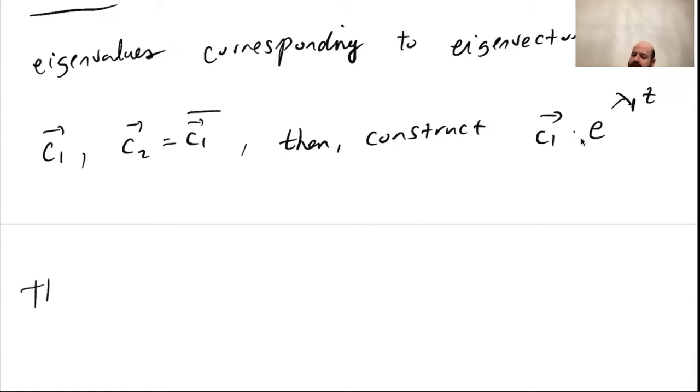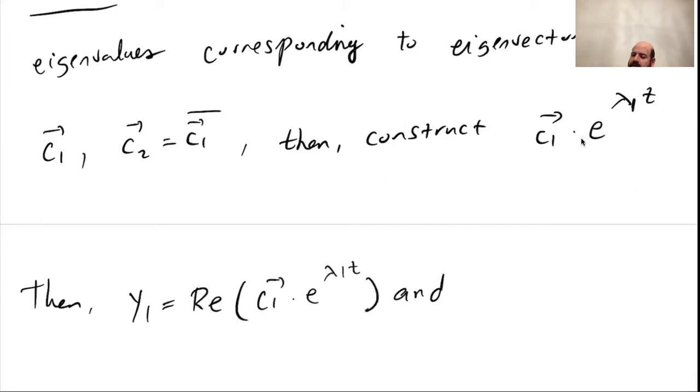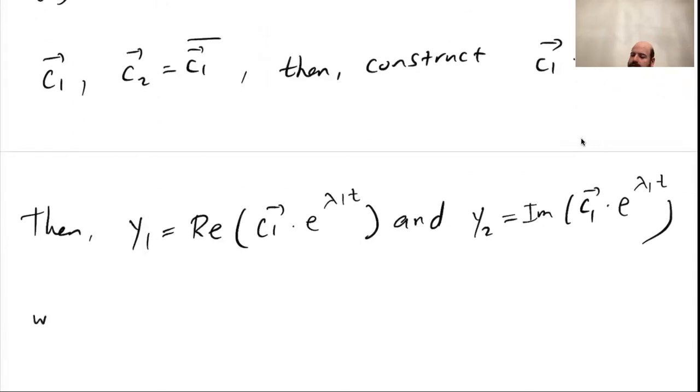So then we can say y1 equals the real part of C1 e to power lambda 1 t, and y2 equals the imaginary part of C1 e to power lambda 1 t will be two linearly independent solutions.